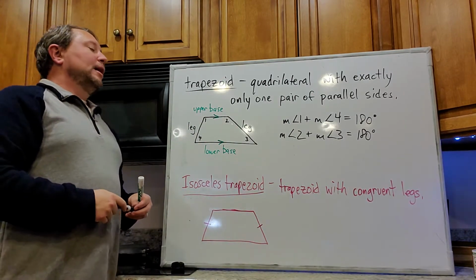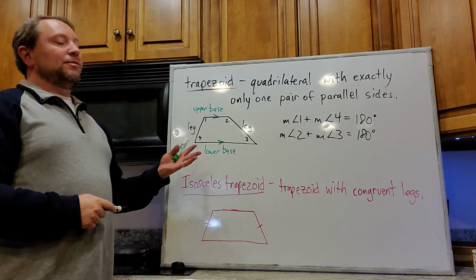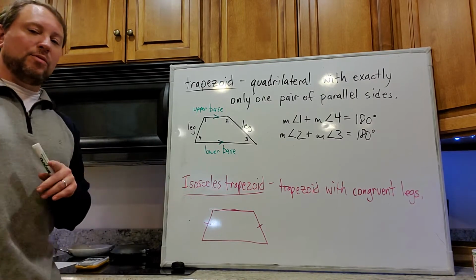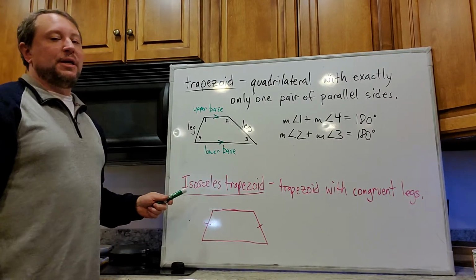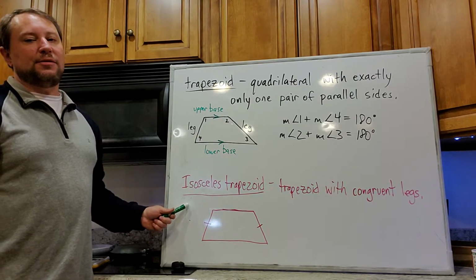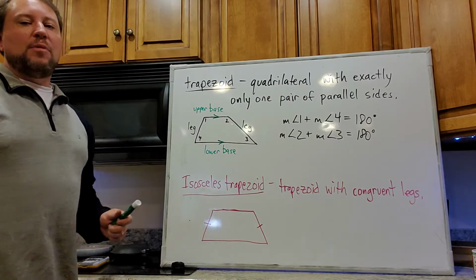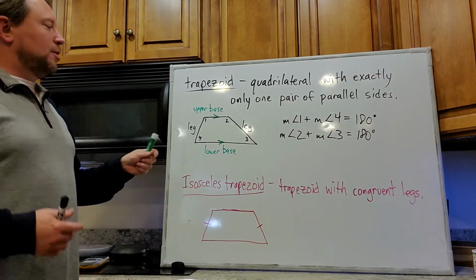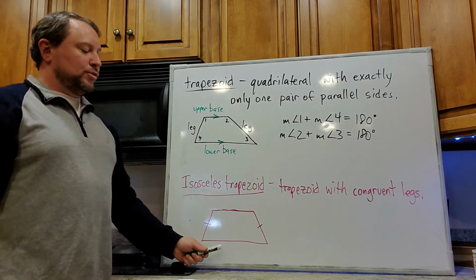Now, I will have some theorems here yet in this section about trapezoids, but the theorems we're going to have are going to be in particular about this type of trapezoid called an isosceles trapezoid. In fact, most of the time if I were to ask you to draw a trapezoid, most people would draw this one.